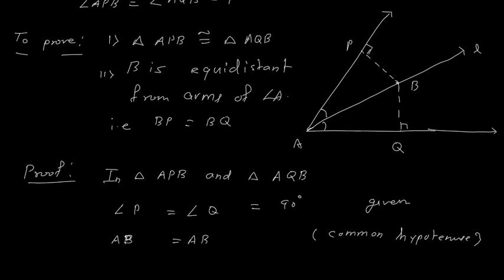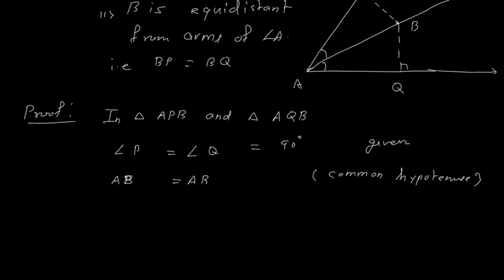One more thing is given. Angle PAB is equal to angle QAB is also given. This is the angle bisector, no? So this is again given.